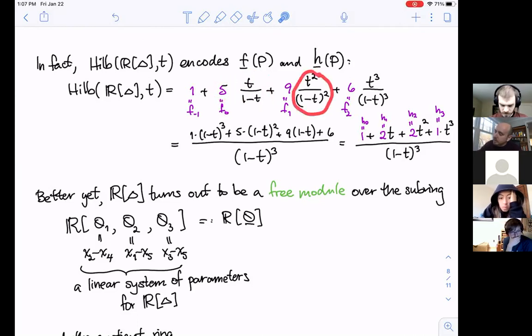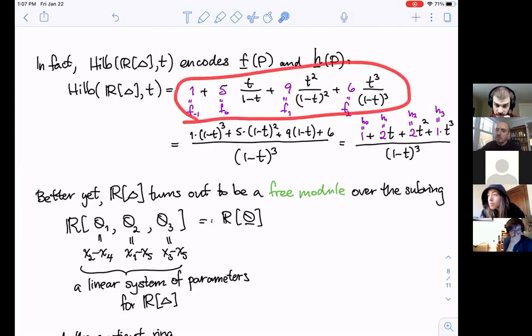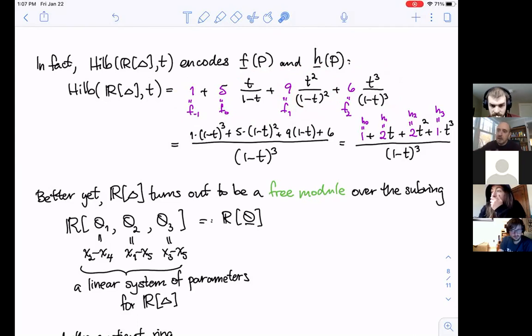Or what's going on with this t squared over 1 minus t squared? This is really the contribution of things that are supported on an edge that has vertices i and j. You look at all the monomials whose support is exactly vertices i and j. There are 9 of them because that's the f vector entry. They each contribute this to the Hilbert series. This is an easy calculation. Trust me, we'll do it later, but you might want to think about it now in your spare time.